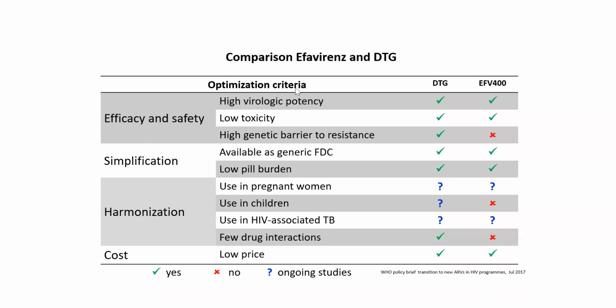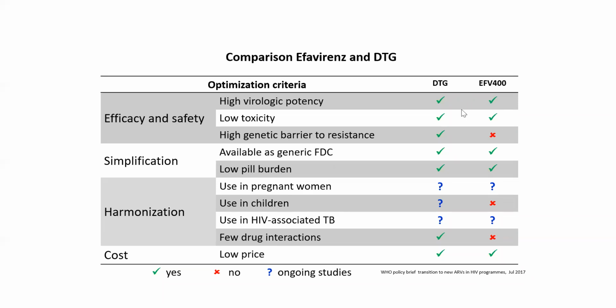So we compare these two in terms of potency, toxicity, genetic barrier, which refers to the number of mutations required before someone develops resistance, and the availability of generics, low pill burden, use in pregnancy, use in children, use in TB, whatever.